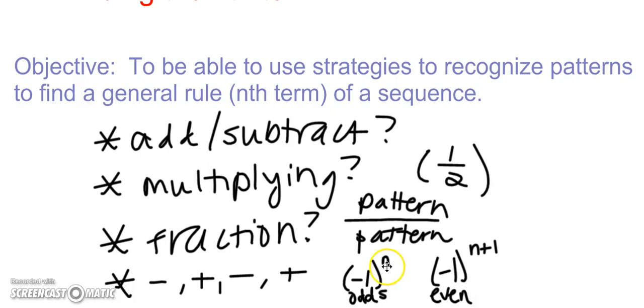Because if n equals 1, and you take -1 to the first, you get a negative answer, and then to the third, to the fifth, to the seventh, to the ninth, you're going to get negatives in all of your odd places. Whereas if n is 1, and you do n plus 1, then you get -1 to the second, and all of your negatives will appear in the even places. But we'll look at that, don't worry.